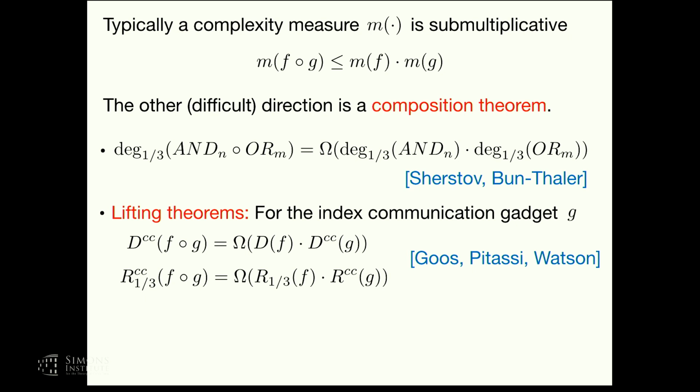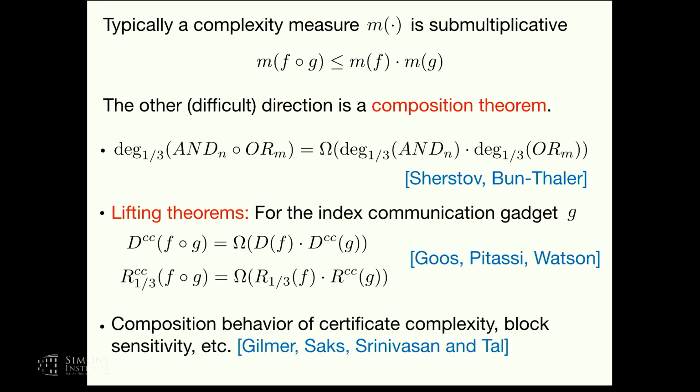Here f is a query function, g is a communication gadget, and what you try to show is that the communication complexity of f composed with g is at least the query complexity of f times the communication complexity of g. This has now been successfully done for quite a few different kinds of communication complexities and their associated query measures. For example, Göös, Pitassi, and Watson have done this for deterministic and randomized communication complexities.